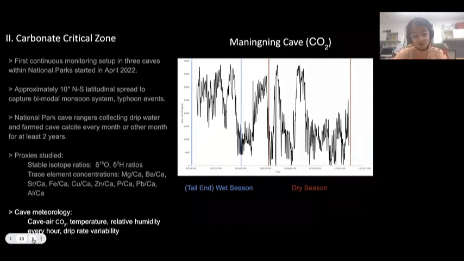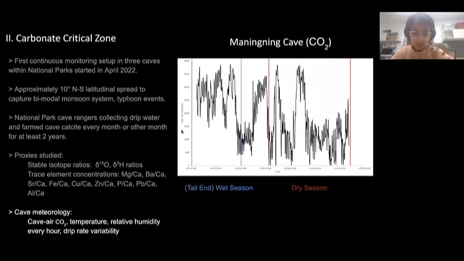So I'm going to show some of the cave air CO2 results that we have. This is fresh off the press. We got it essentially last week or 2 weeks ago, and we just plotted it and are trying to understand why these cave air CO2 concentrations are so high. So on the x-axis over here, you have time starting from August, which is the tail end of the wet season in the southern part of the country, entering into the dry season, which is the winter time.